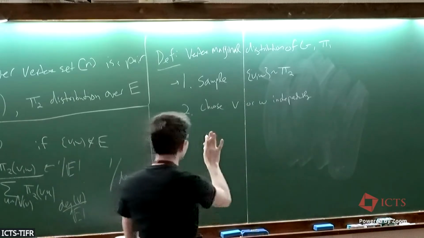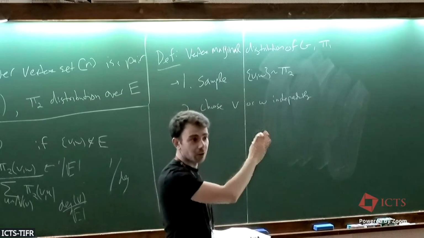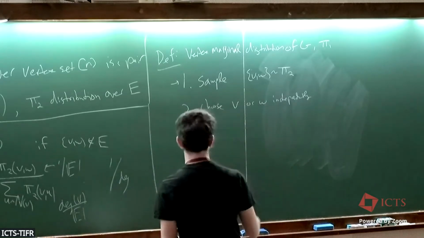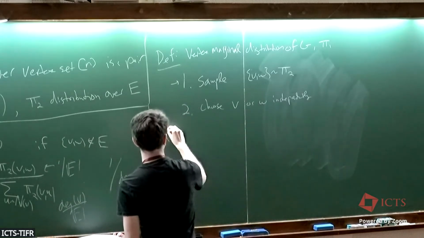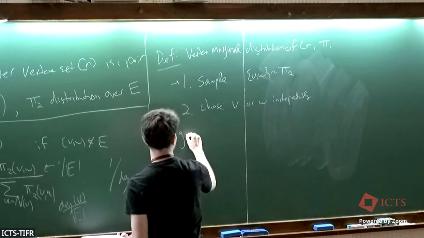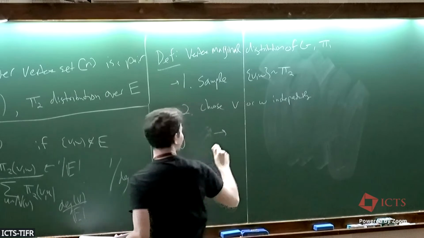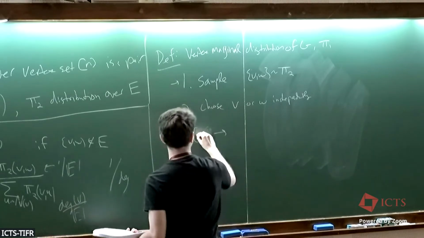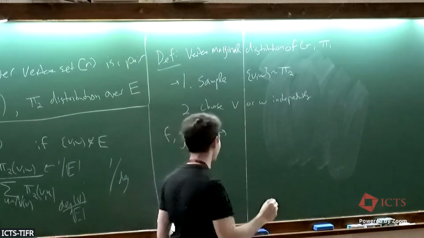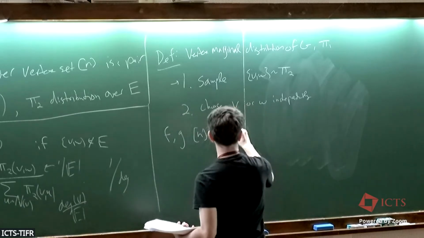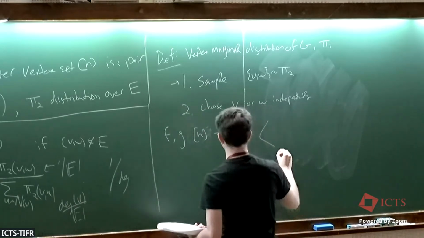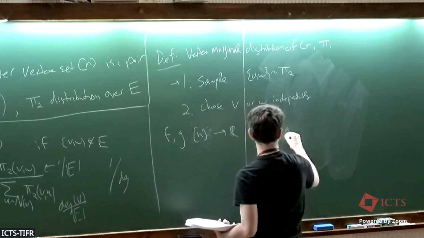So now we can define a normalized inner product over pi1 like we did before. If we have functions f and g, sorry, that's HDX notation, on the vertices of this graph to the reals, we get this inner product, which we write as <f,g>.